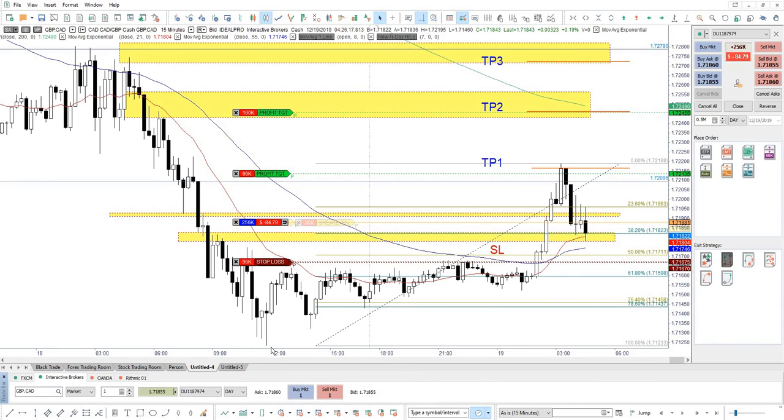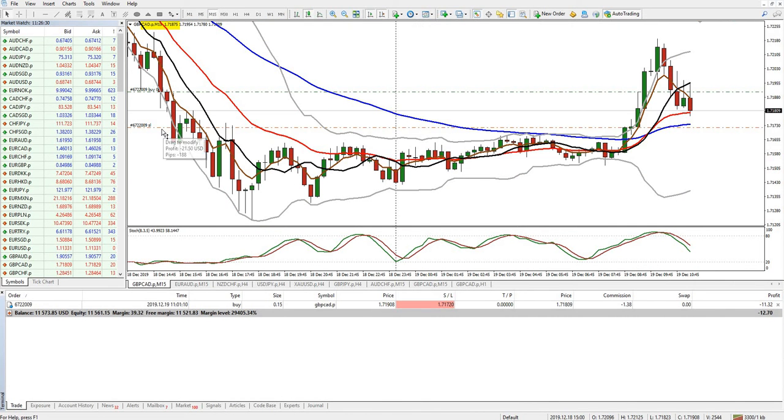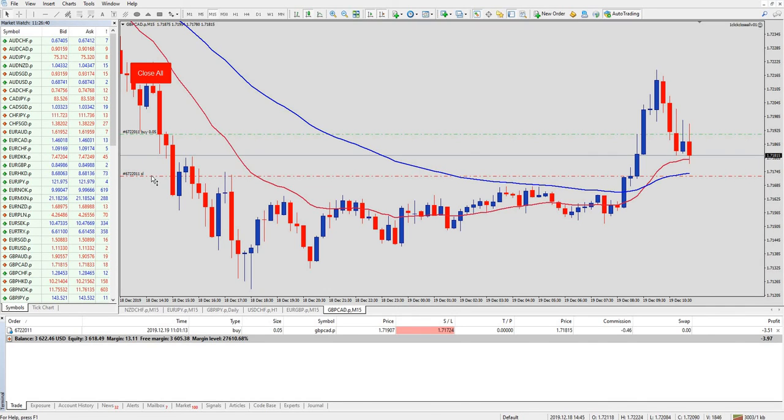Okay, let's see. If the trade has to work, it has to work. 71.71, so the stop loss is 71.67 actually. Okay, let's move it to 67. Yeah, 67 exactly. Let's see how it works.